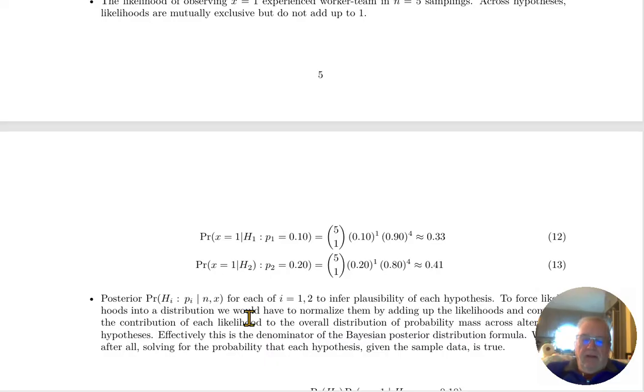Now, the posterior, of these, this is data given an hypothesis. We want to flip the script, as we said before. Have the probability of H1 given the data, probability of H2 given the data. And that's pretty straightforward.